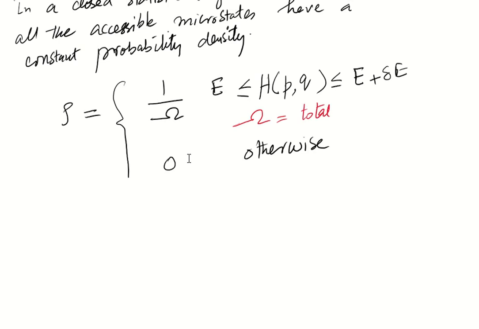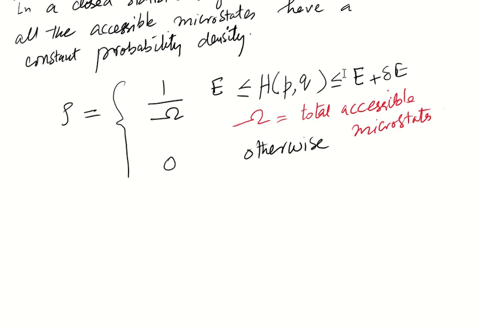So this will form a basis of our next main topic or next chapter, that is the microcanonical ensemble, in which we will study different systems under constant energy. But for those systems, this rule must be applied, that all the accessible microstates would have a constant probability density equal to 1 over omega, and it would be 0 if the energy is beyond these limits.